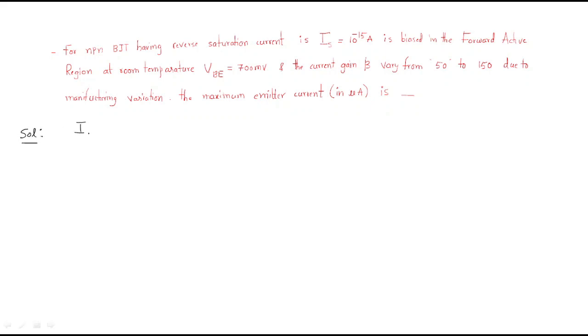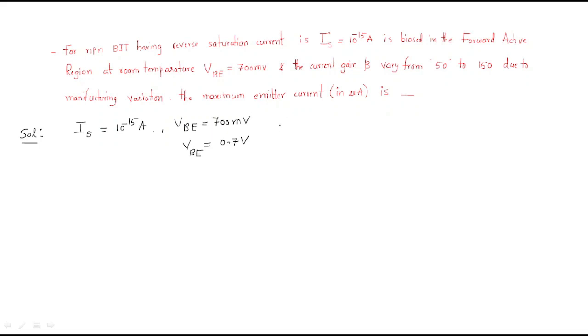Given data: reverse saturation current, you can name it IS, that is 10 power minus 15 amperes, is biased in the forward active region at room temperature. VBE equals 700 millivolts, so we can write 0.7 volts.